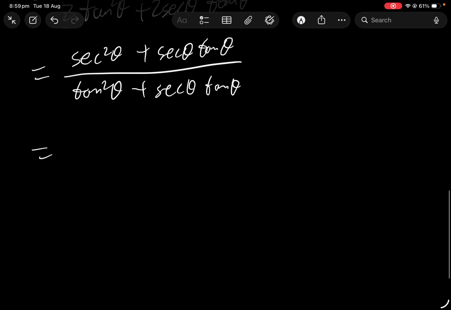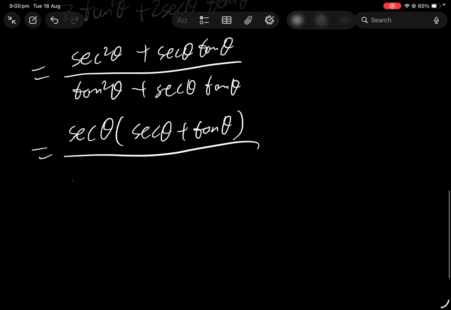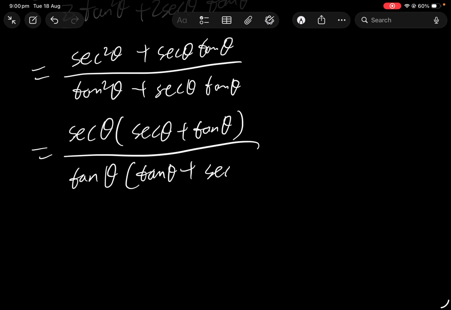So we definitely factorize something out of here, so we take out sec theta, it becomes sec theta times (sec theta plus tan theta). On the bottom we take tan theta out, so that becomes tan theta times (tan theta plus sec theta), and then these two can cancel out.